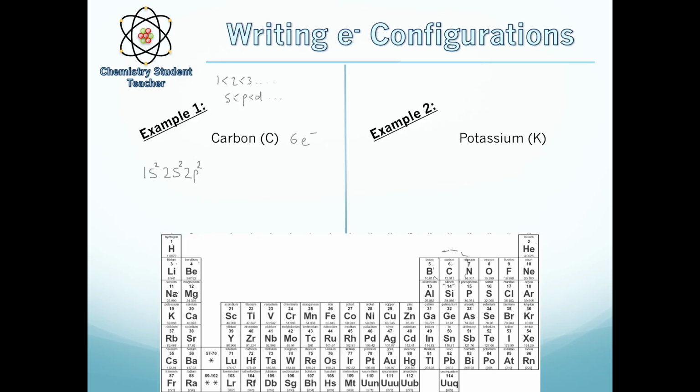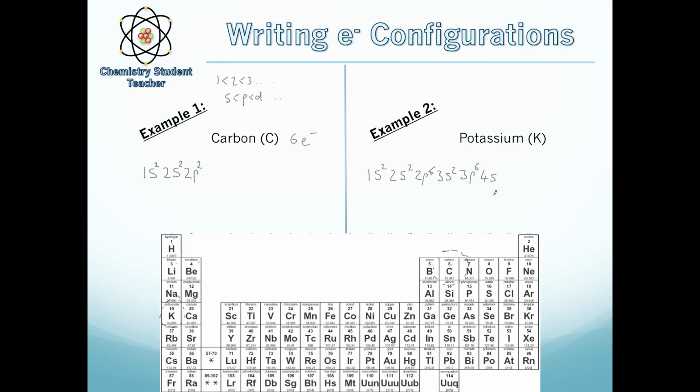So now if we take potassium, potassium has a lot more electrons. So again, we fill up the 1s with 2 electrons, the 2s with 2 electrons, the 2p with 6 electrons, so that will take us to neon. Then we also fill the 3s with 2 electrons, as the maximum can be 2, and then we've still got this row with aluminium, silicon, phosphorus, and so on, meaning 3p also contains 6 electrons, and then it's potassium, so we're now on to 4s.